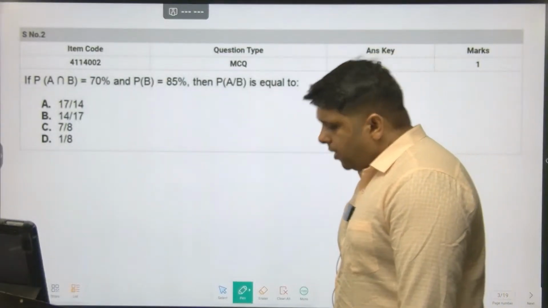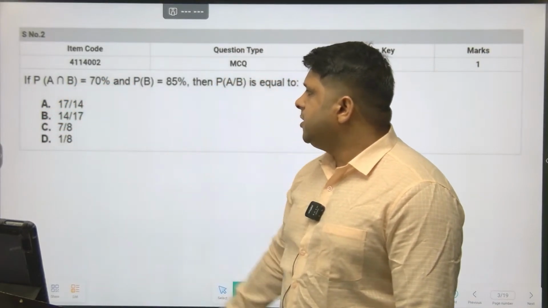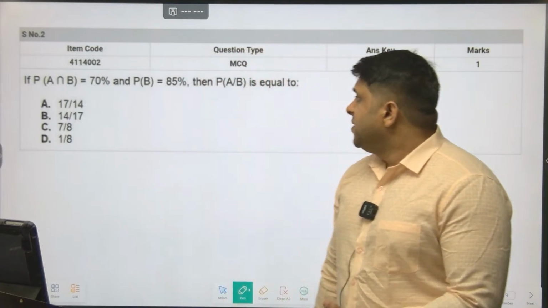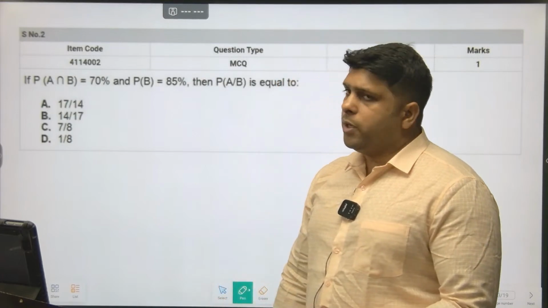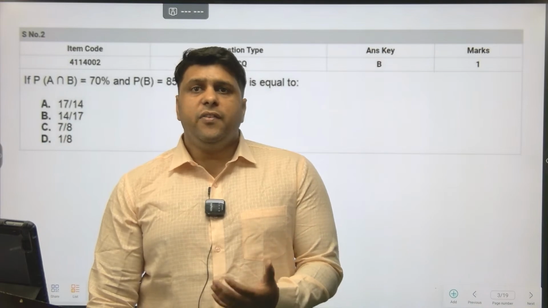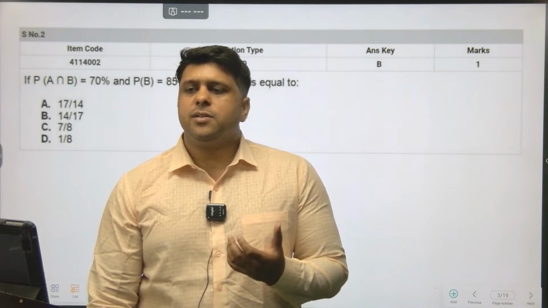Next question. If P(A intersection B) is equal to 70% and probability of B is 85%, then find P(A/B). It is a very straightforward question from probability. If you remember the formula, you can solve it easily.